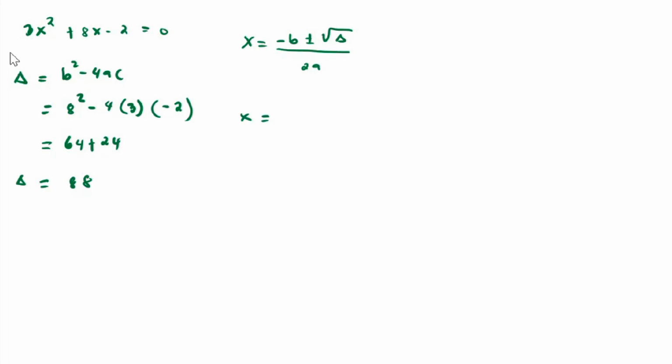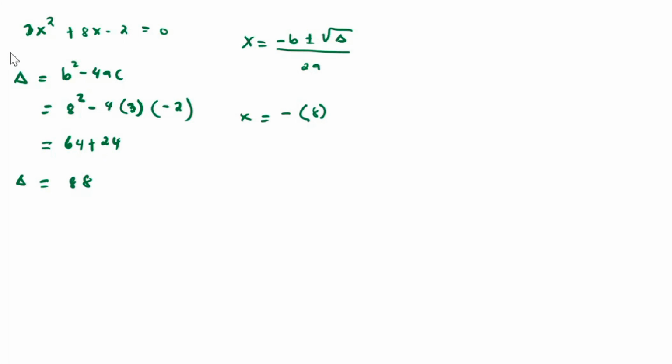We have x equals the negative of the value of b there is 8, so the negative of 8. Do not forget to enclose it so that you will not make a mistake in multiplying, or sometimes if the value of b is negative, you forget to multiply by the negative sign.